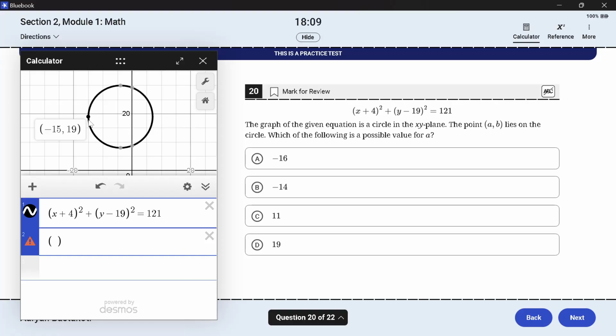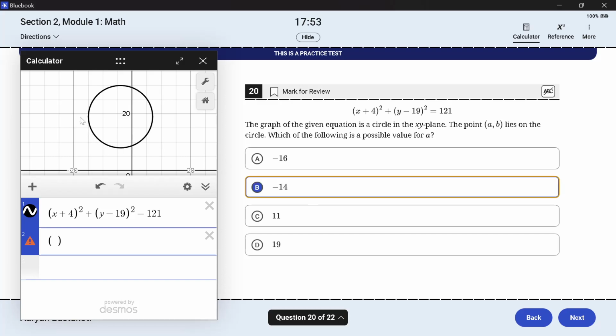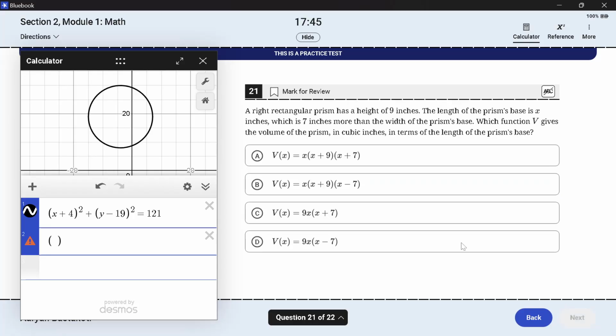So a possible value of a should be between 7 and minus 15, and the only value between 7 and minus 15 is minus 14, since if it's minus 16 it will go around here, if it's 11 it will go here, if it's 19 it will go here. Yeah, so minus 14 is the right answer.